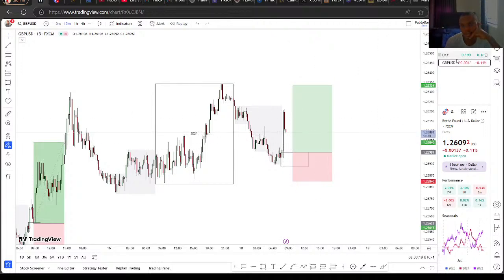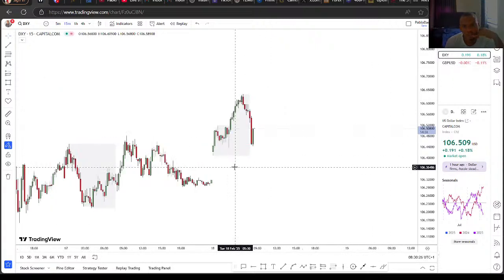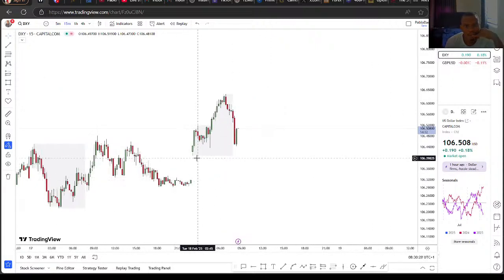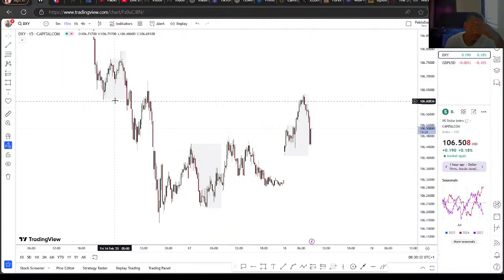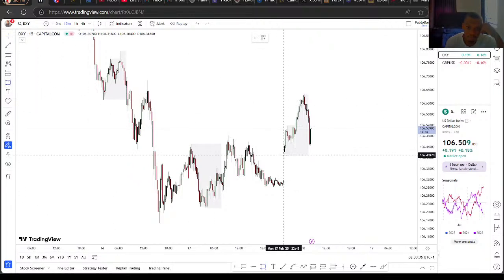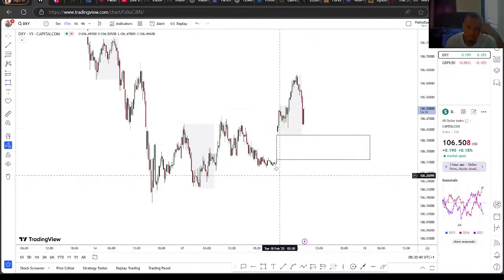But if I'm looking at the DXY, the DXY is doing the opposite, right? It's been a long time since I checked the chart, coming back from last week. We have a gap here that just has to fill.